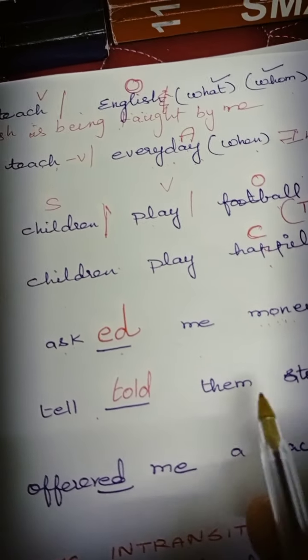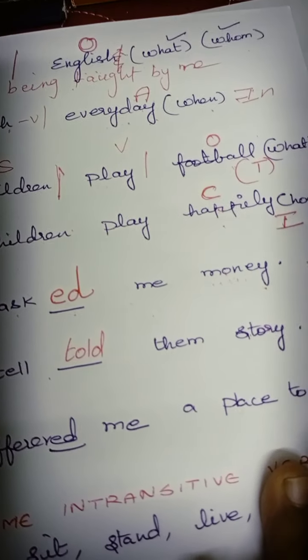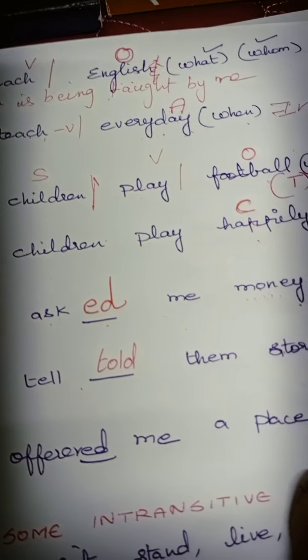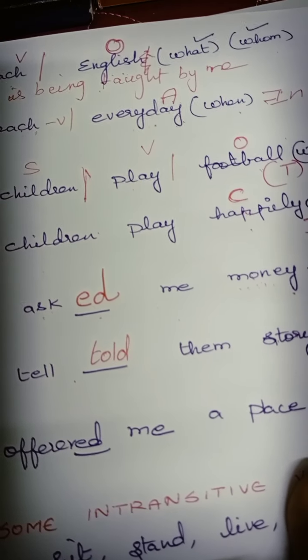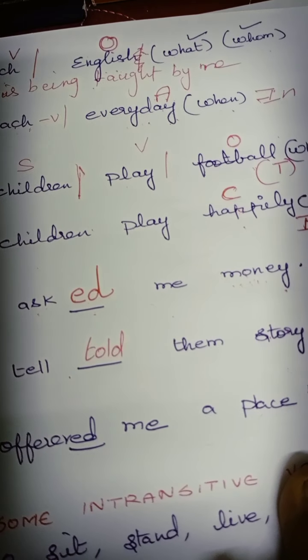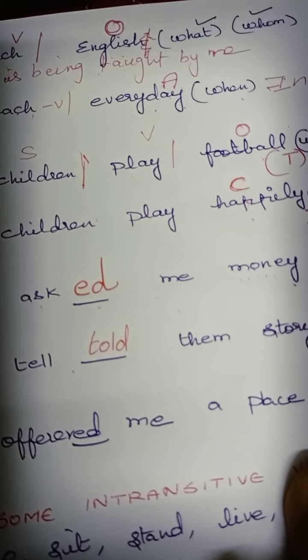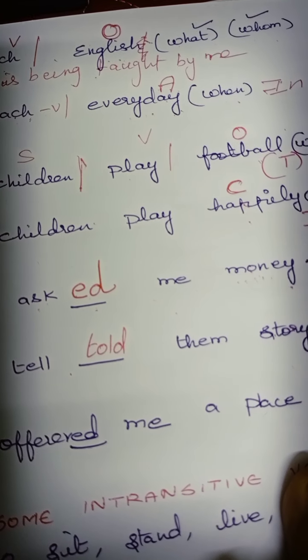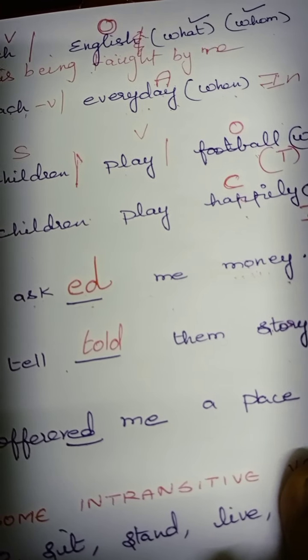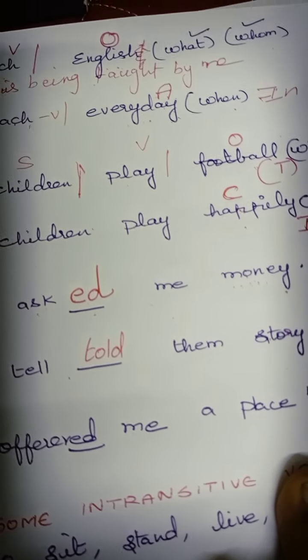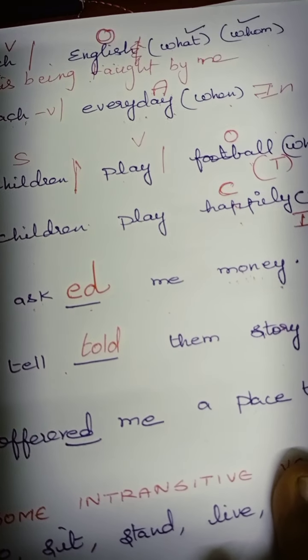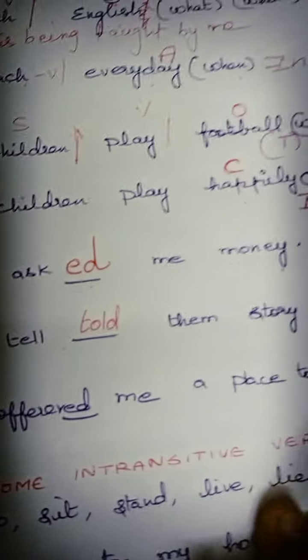So when an object comes, automatically it will be taken as transitive. After a verb, if an object comes, it will be taken as transitive. And after a verb, if no object comes, and any other word comes instead, it will not be taken as transitive. It is intransitive.